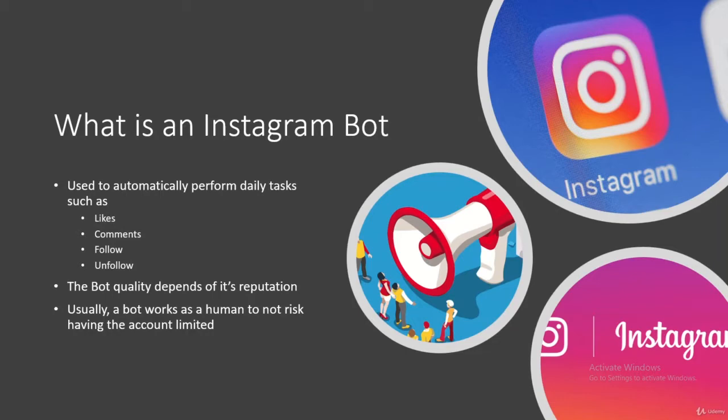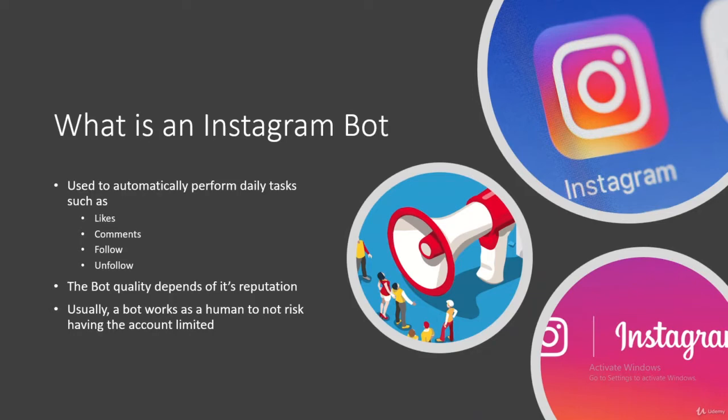A robot or an Instagram bot is a tool that is used to automatically perform daily tasks. So let's say, for example, you want to like certain types of profiles. This bot will like different types of profiles based on what exactly you want. Usually it works with hashtags.